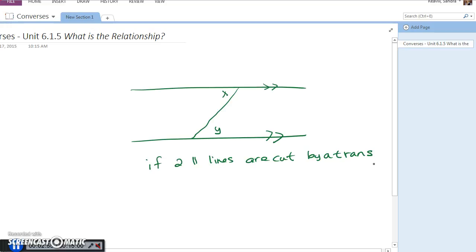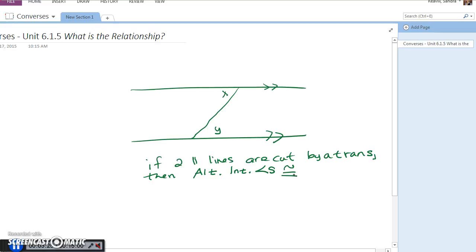If two parallel, there's an abbreviation right there. Lines are cut by a transversal, there's an abbreviation right there. Then, and here comes another abbreviation, alt int for alternate interior. You can use the symbol for angles, and you can use the symbol for congruent.